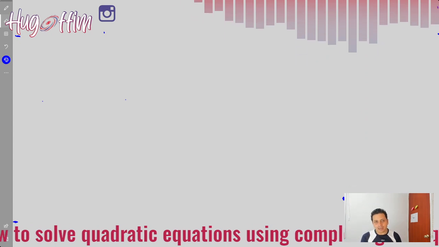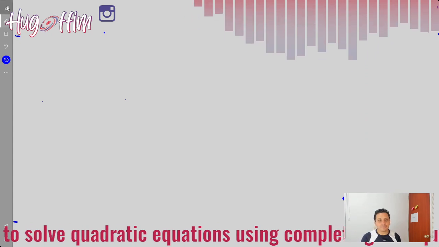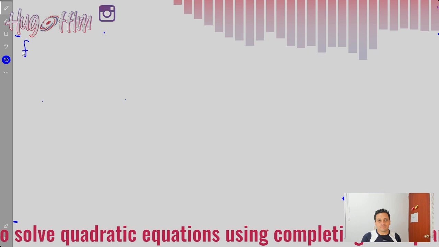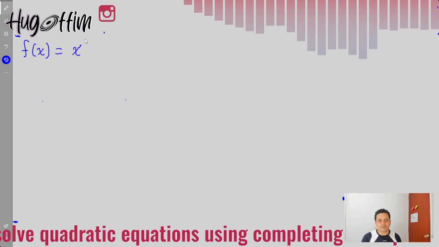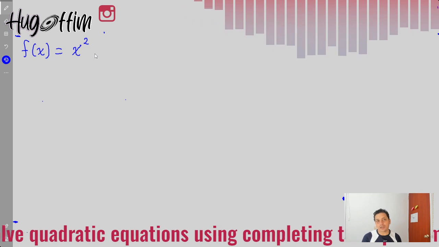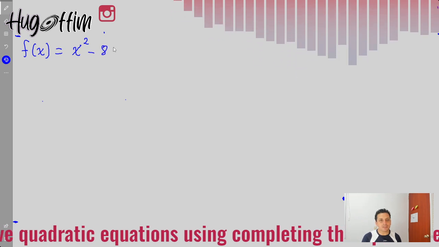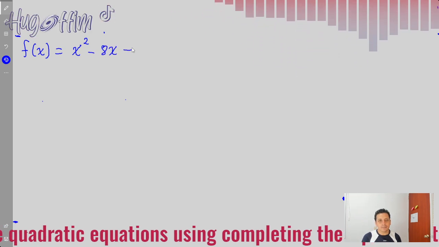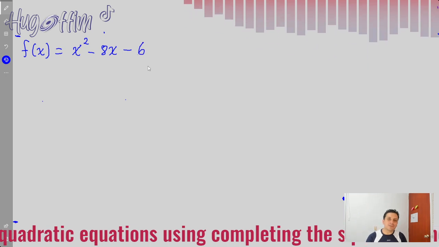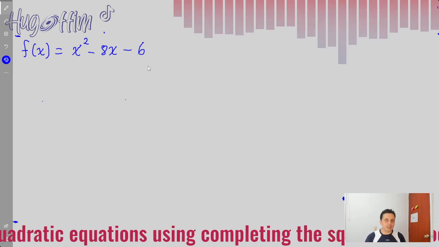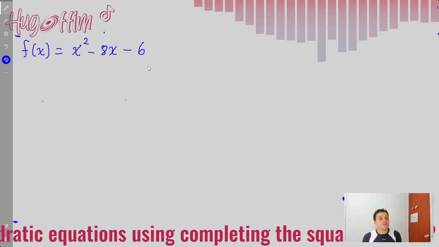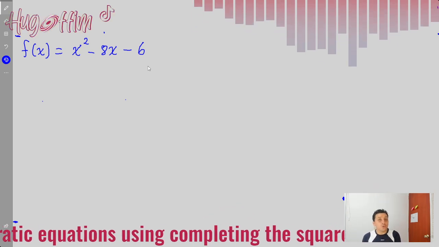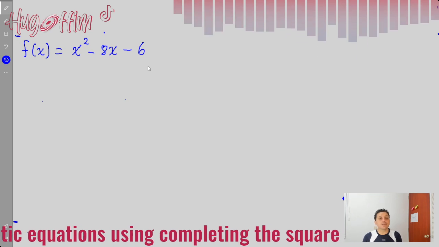Imagine that, for example, you have a function. Let's say that the function is a quadratic function, obviously, x squared minus 8x minus 6, and your objective is to calculate or to determine the number of zeros, or the roots, or the x-intercepts of this function.